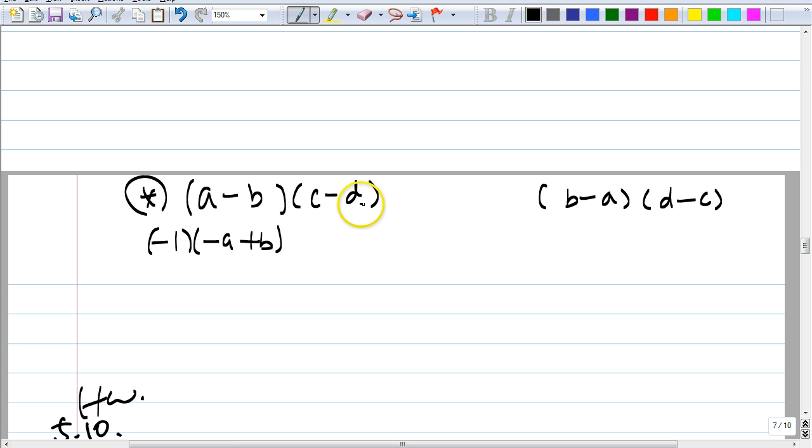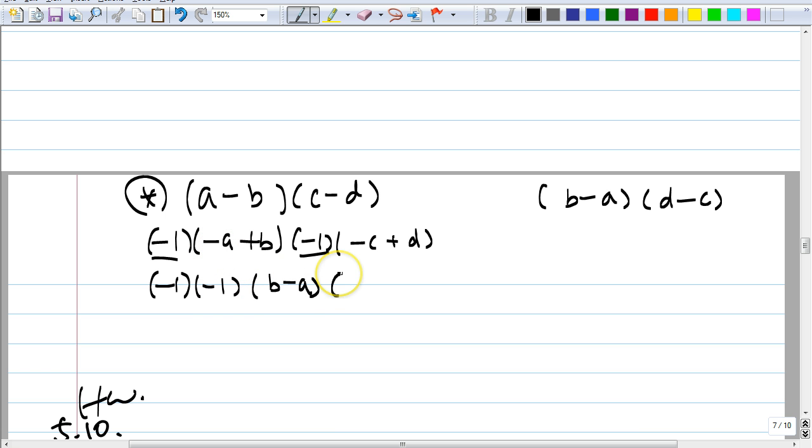Well, I could also do this from the other binomial. -1 times what gives negative c plus d? What's -1 times -1, guys? And we have, instead of writing negative a plus b, it's the same as b minus a, and instead of negative c plus d, that's d minus c. So what's -1 times -1? 1. So you just get 1 times b minus a times d minus c.